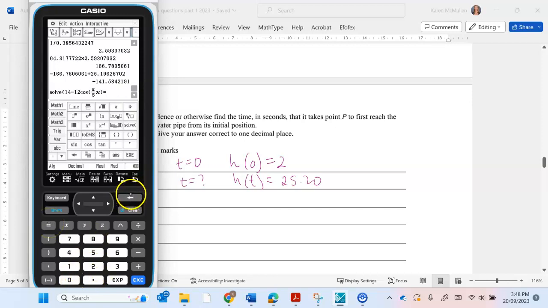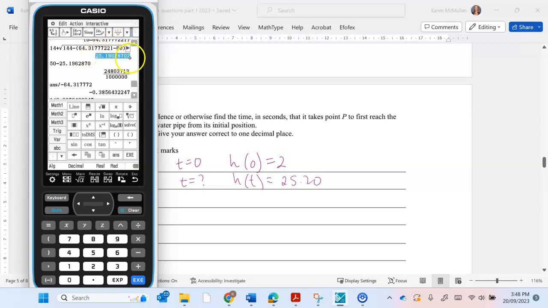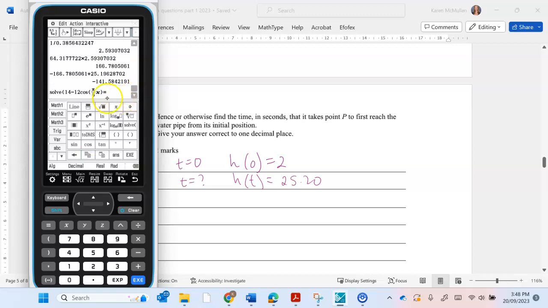25.20. No, we want our exact values. Well, as exact as we can get. Copy. More accurate, I should say. Comma x.